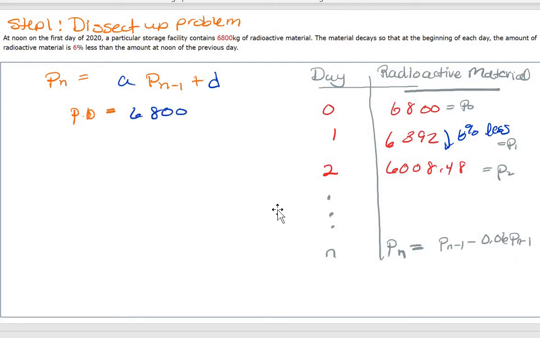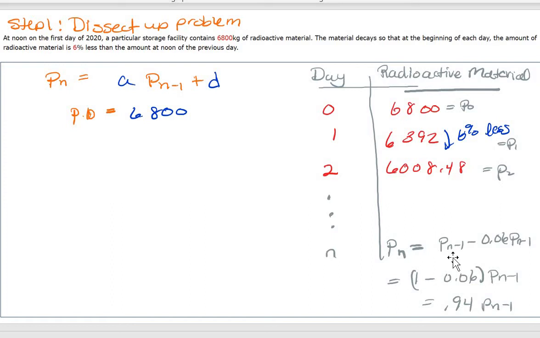So now I'm ready to stick in everything. I don't have a question mark here anymore. I already know that P sub 0 is 6,800. I don't have an A and a D because it's not set up like that. But if you notice, 6% less is the same thing as retaining net 94%. If I'm 6% less, I'm really retaining 94%.